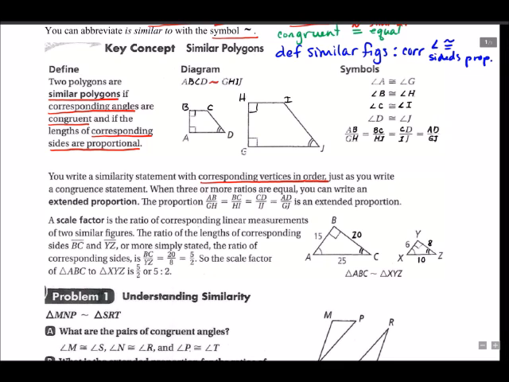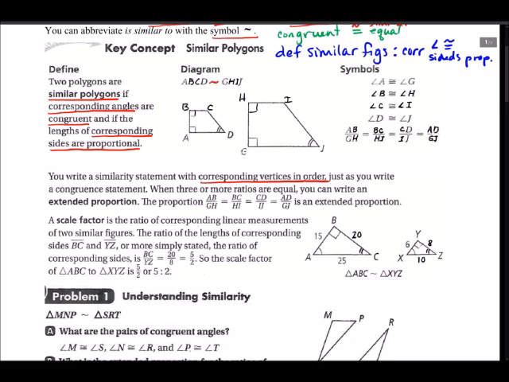So what this says is, who's in first position? A and G. So angle A and angle G are congruent. Angle B, angle H are congruent. Angle C, angle I, angle D, angle J, those are congruent.